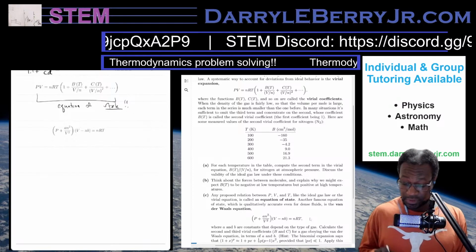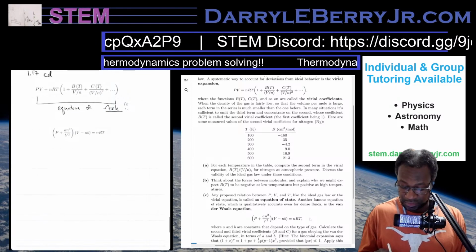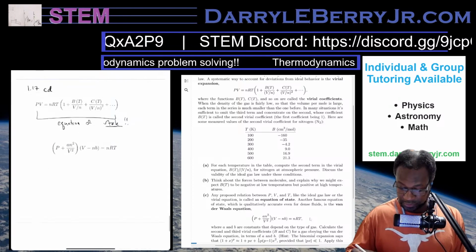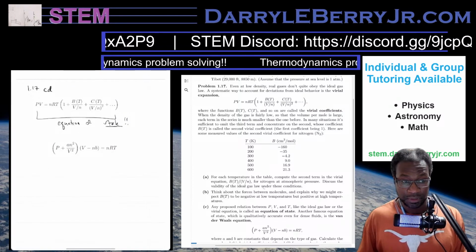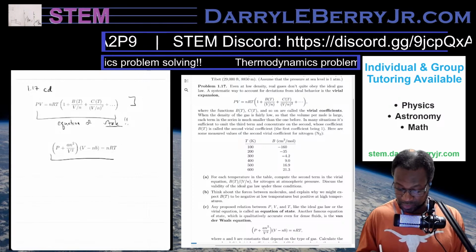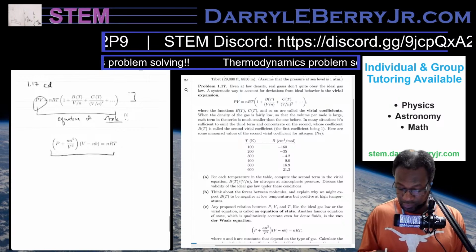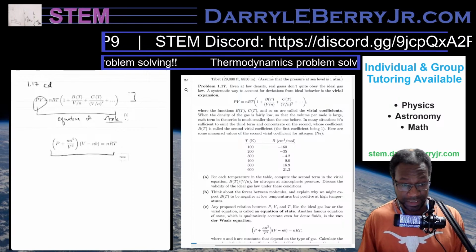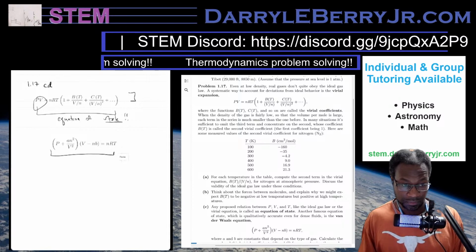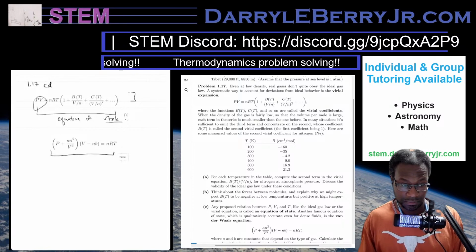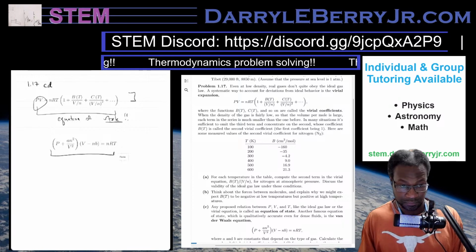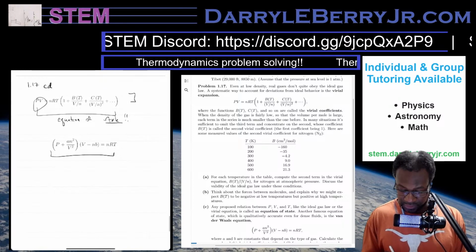I don't know what I did the first time I did this, but it seems to be easier than I expected. So I'm going to get the virial expansion, which is this. I need to put the van der Waals equation in this form, so I need to just put PV on the same side. Let's solve it for P.